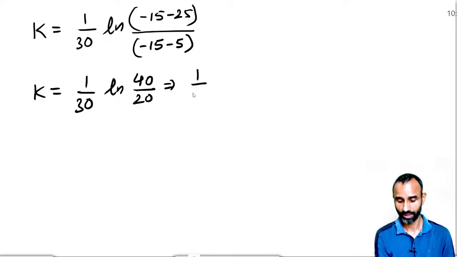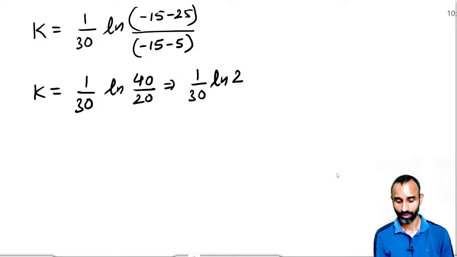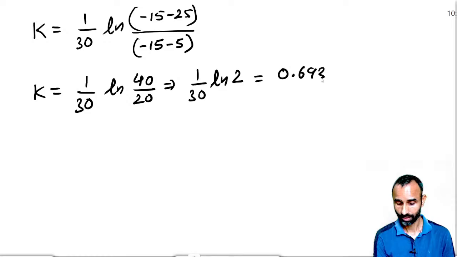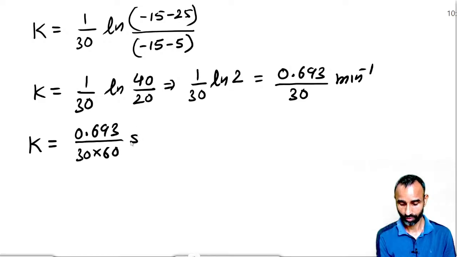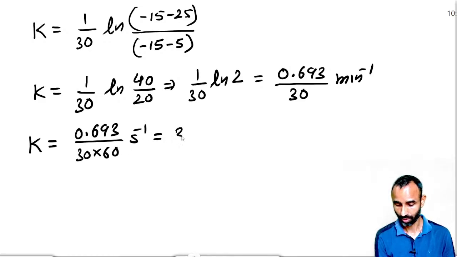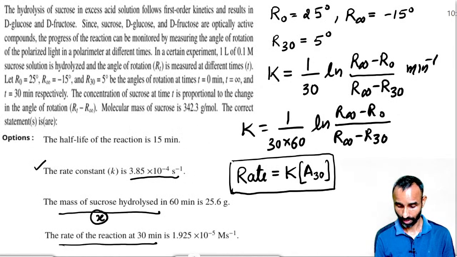That implies it is 1 by 30 into natural log of 2. So from here it is 0.693 by 30 per minute. But to calculate K in per second, it is 0.693 divided by 30 into 60, which comes out to be 3.85 into 10 raised to power minus 4.